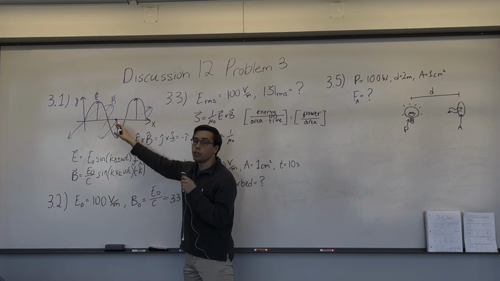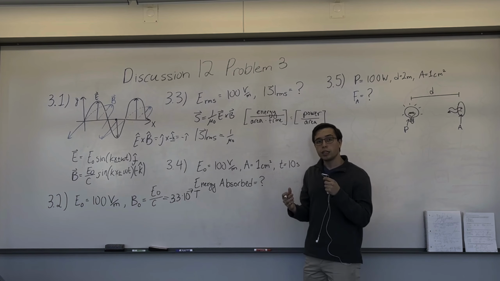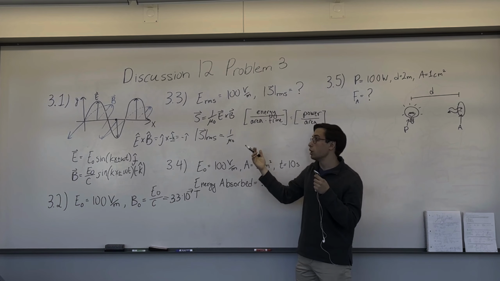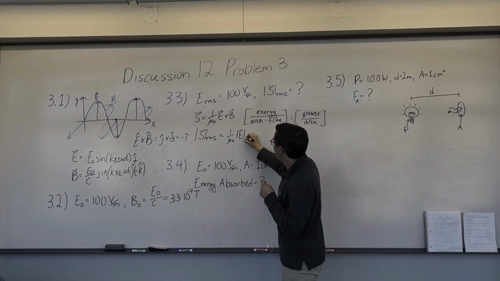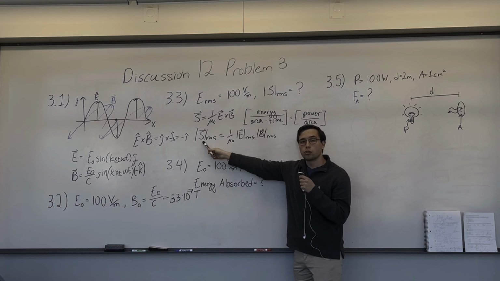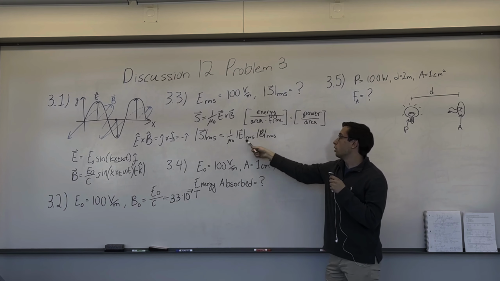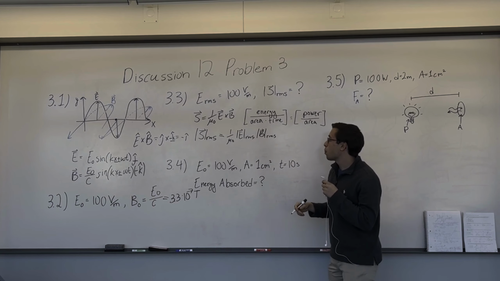Any point you take here, E and B are always perpendicular. And if we're thinking magnitudes, that means this cross product is just a multiplication. And so if we're thinking RMS, root mean square, the way we find the root mean square of our S vector is just by multiplying the root mean square of our electric and magnetic fields.